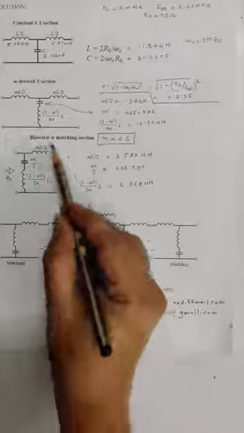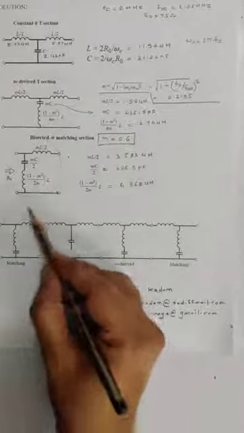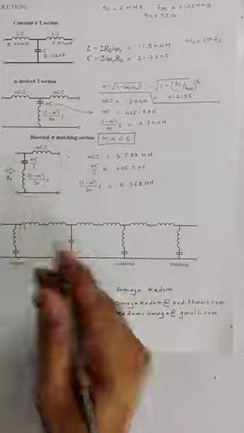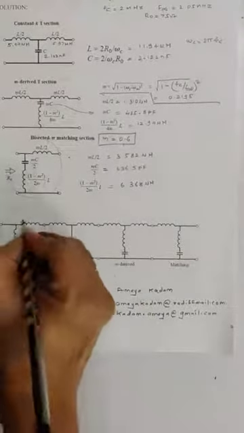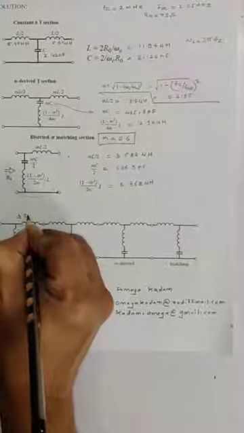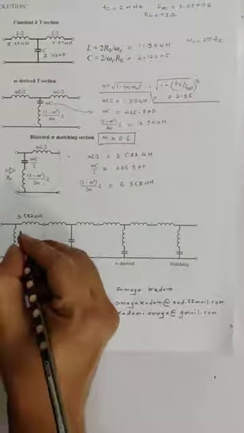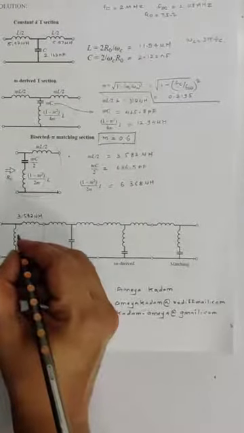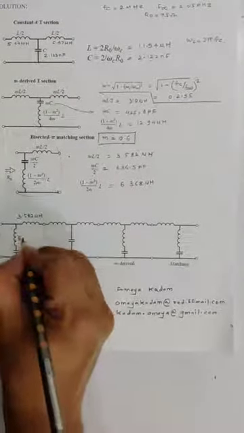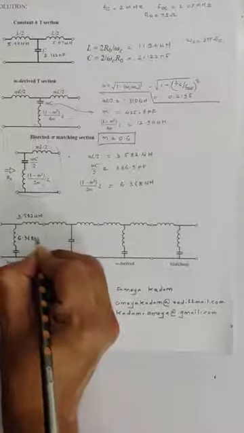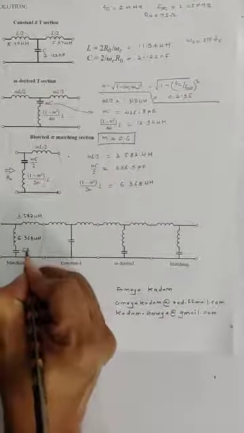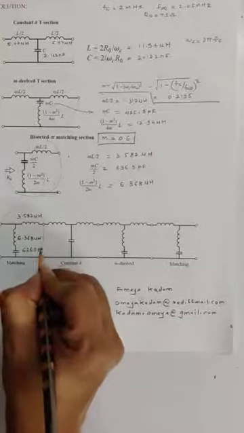This bisected pi matching network will come over here, so we'll copy these values: 3.582 microhenry, 6.368 microhenry, this inductor I am showing over here, and this capacitor to be 636.5 picofarad.